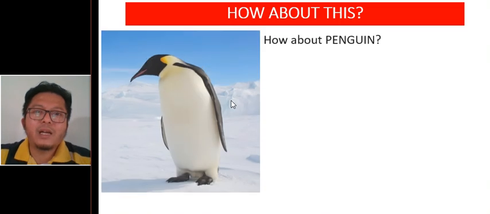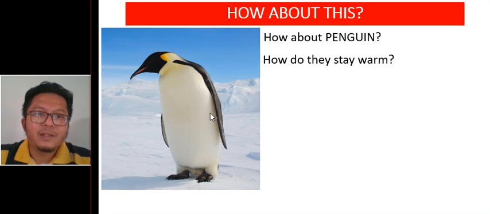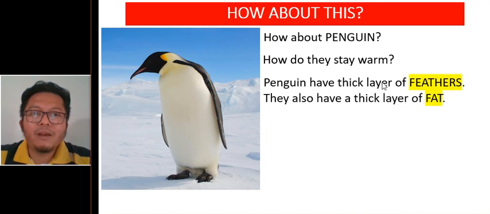How about this? How about the penguin? It's the same. Penguins can stay in the Arctic. It's a very cold place. How do they stay warm? Almost the same as the polar bear. Penguins have a thick layer of feathers, not fur. A penguin is a bird, and birds have feathers.